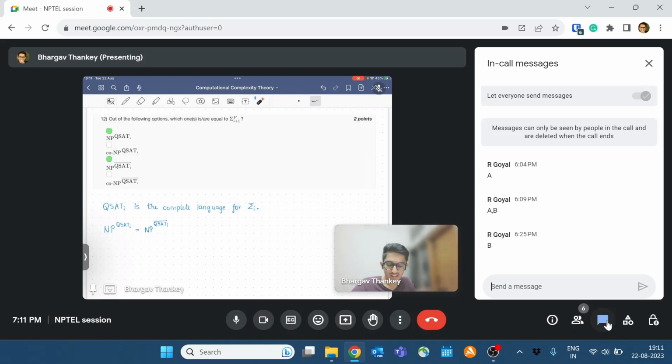If you replace this with just SAT and show that this is sigma 2, this proof is relatively simple. But extending it to this entire thing becomes a little complicated.